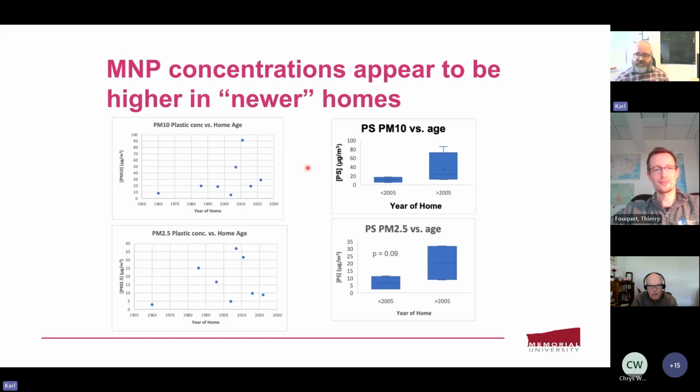That's actually surprising because other pollutants that have been measured in dust, like brominated flame retardants and plasticizers, have shown the opposite trend of tending to be higher in older, dustier homes. But again, this is an N equals 8 experiment, so I think we need more data to dig into this.